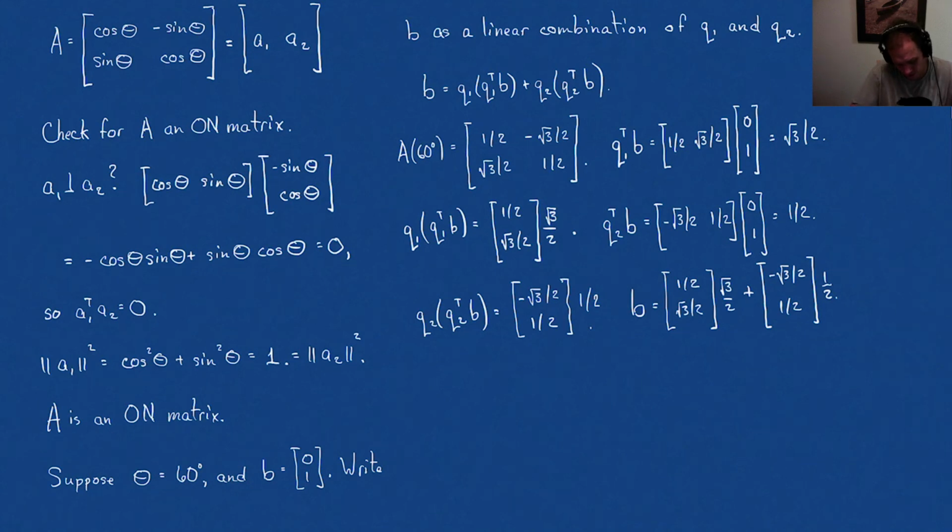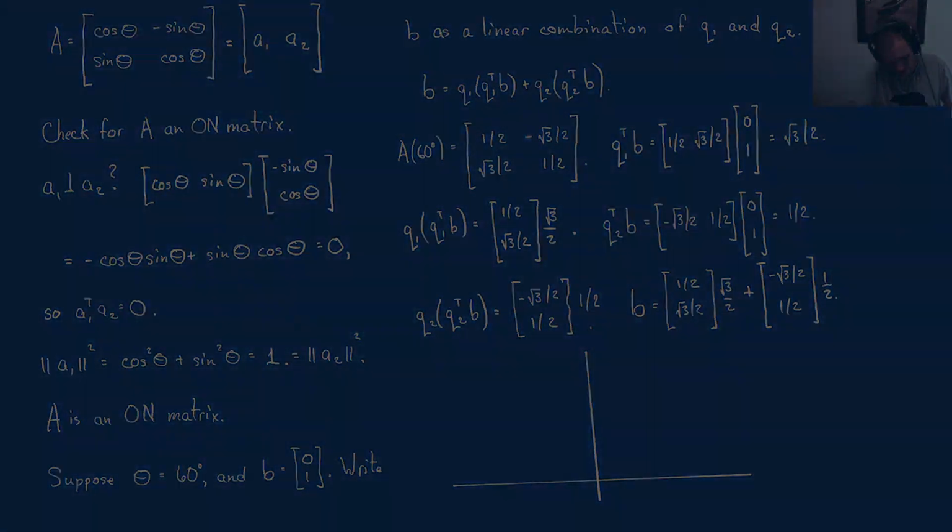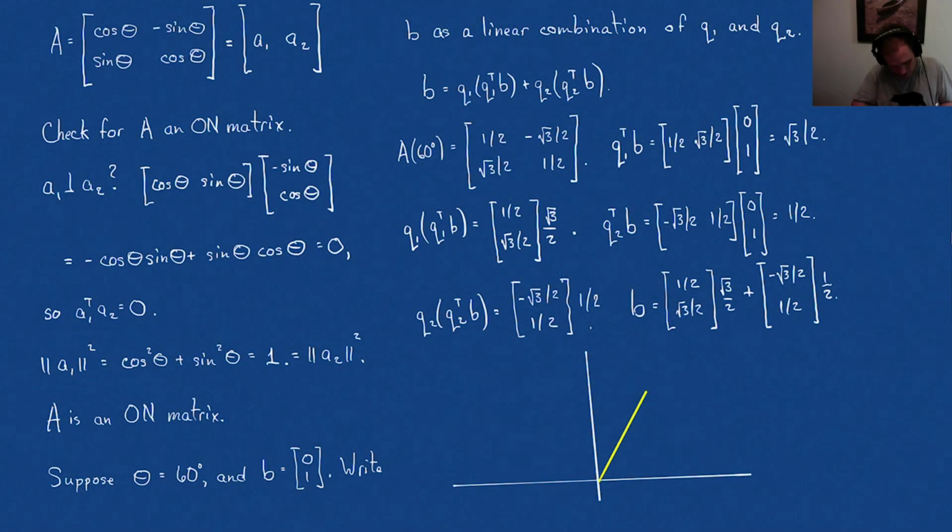So you might be wondering, well, what has this done? And what does this really look like? Well, let's just take a look. Let me just see if I can draw this for us. Hopefully that looks good.